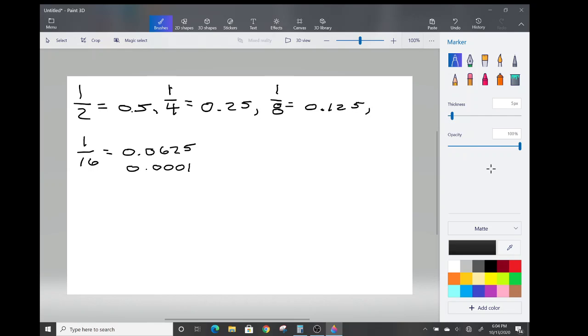That's tenths, hundredths. In other words, that's 1 over 10. That's 1 over 100. That's 1 over 1,000. And that is 1 over 10,000. Each one of these goes by a factor of 10.